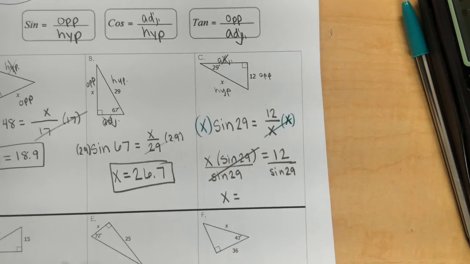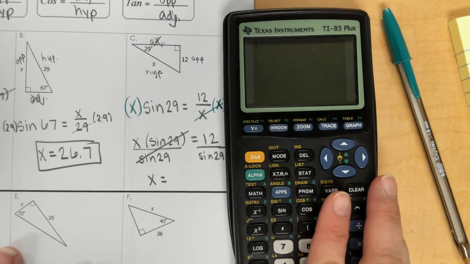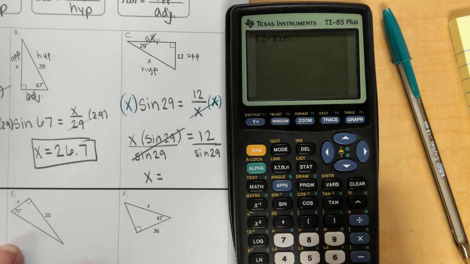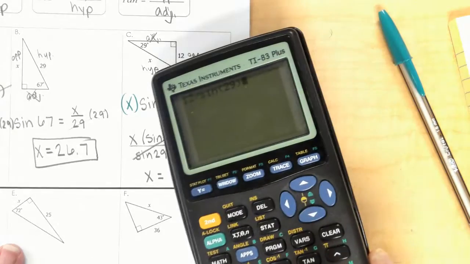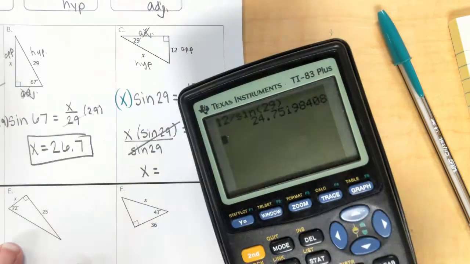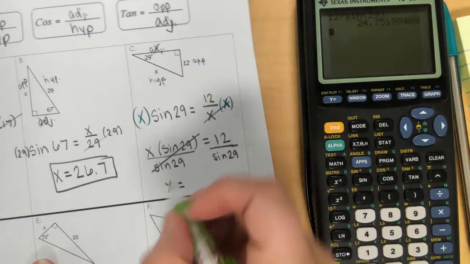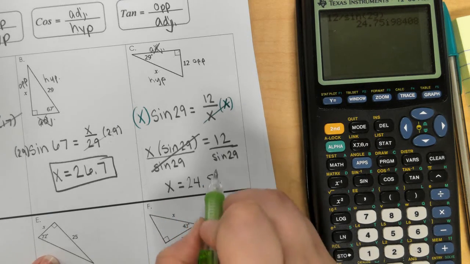Alright, so now I put this into my calculator, clear, and I'm going to do 12 divided by sine 29, close my parenthesis, so you can see there, and then we enter, and we get 24.75. So 5 makes 7 round up, and we would have 24.8.